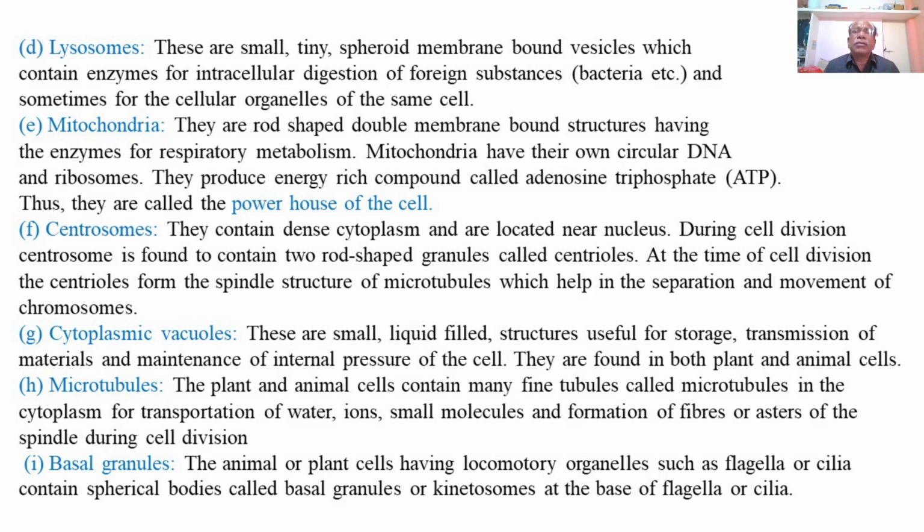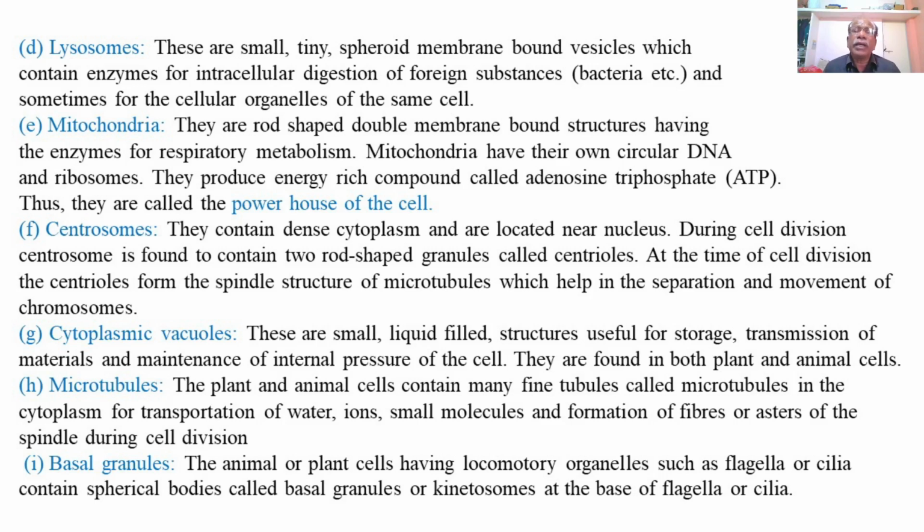Then the next important cell organelle is called the mitochondrion. They are rod-shaped, double membrane-bound structures having the enzymes for respiratory metabolism or the oxidation of food substances like glucose, so as to synthesize energy in the form of ATP.